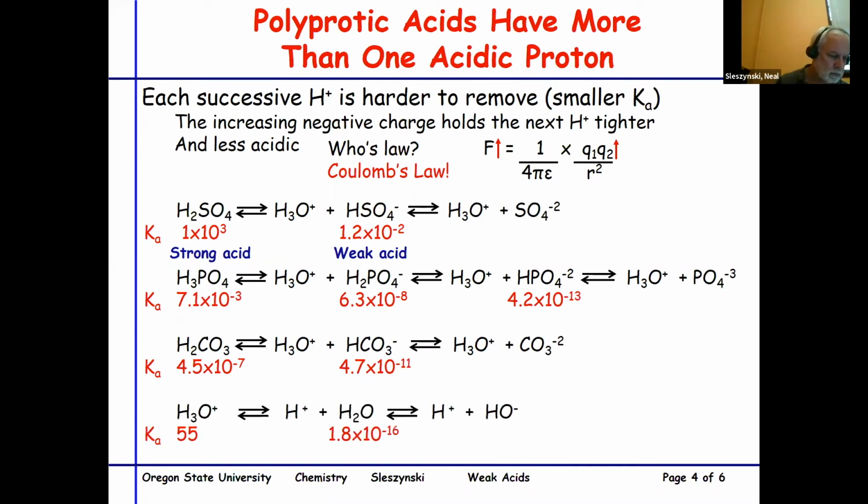Finally, we have hydronium ion with a Ka of 55, a strong acid, losing a hydrogen ion, becoming a water molecule. Removing the next hydrogen ion, however, to form hydroxide gives us a Ka of 10 to the minus 16th, a much more energetic, difficult proton to remove.